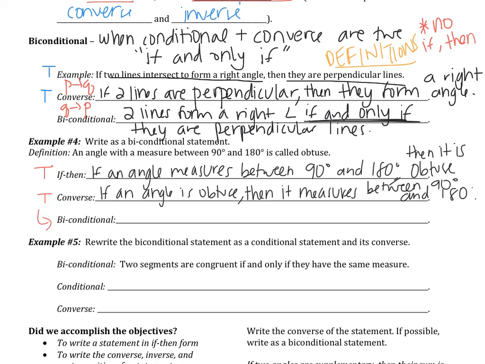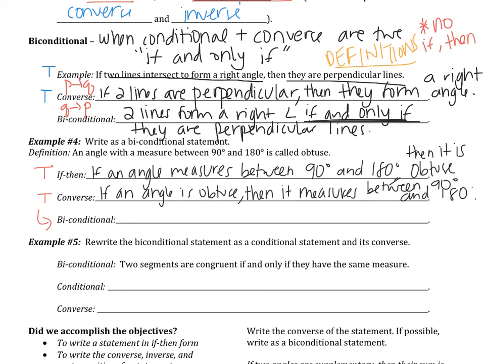Okay, true for the conditional and for the converse, then I can write it a biconditional. So you're going to notice that when you go from the if-then or the converse to the biconditional, you are going to have to change the wording a tiny bit so that it makes sense. I didn't mention that earlier in the video. But going from if-then to converse and then if-then to biconditional, the wording is going to change. So make sure you read the sentence back to yourself to make sure that it makes sense.